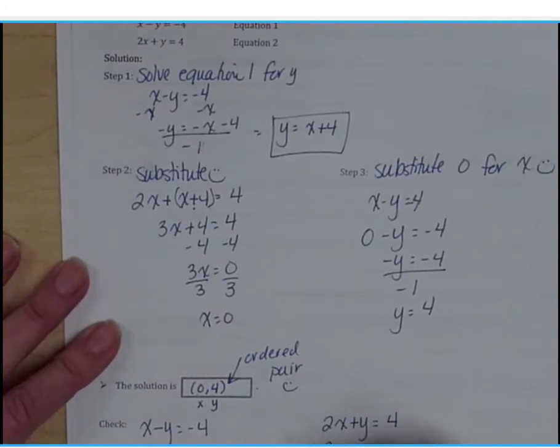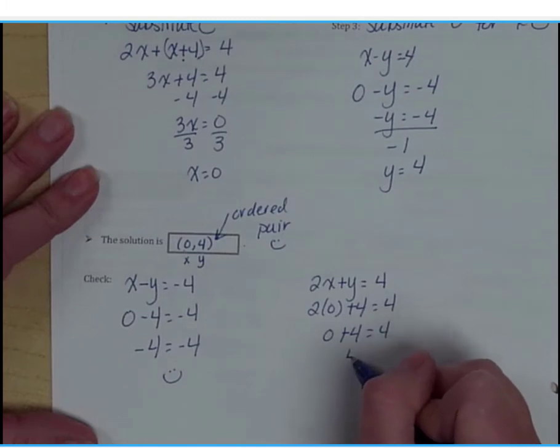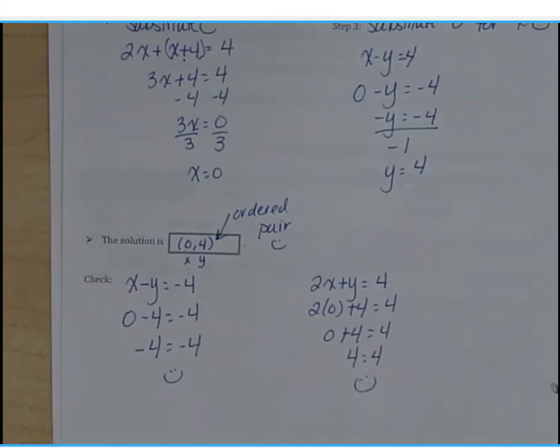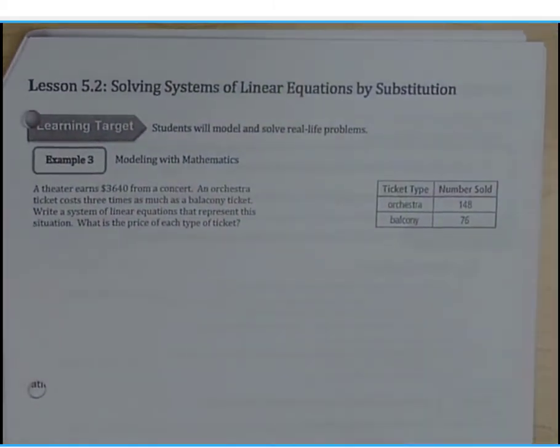Now let's replace here. 2 times 0 plus 4 equals 4. Well, 2 times 0 is 0. So I have 0 plus 4 equals 4. I'm going to do some very challenging math here. 4 equals 4. So in that case, my solution worked. Yay!